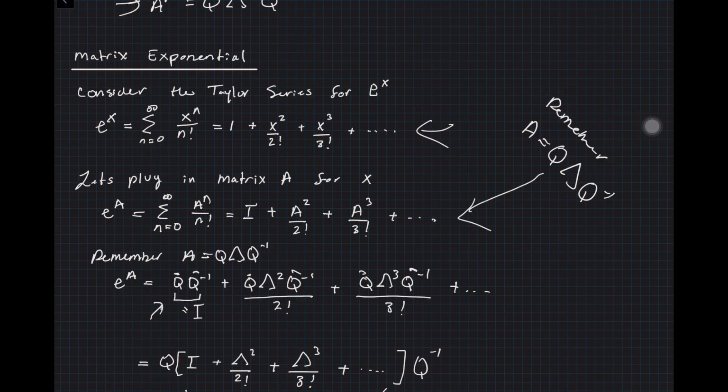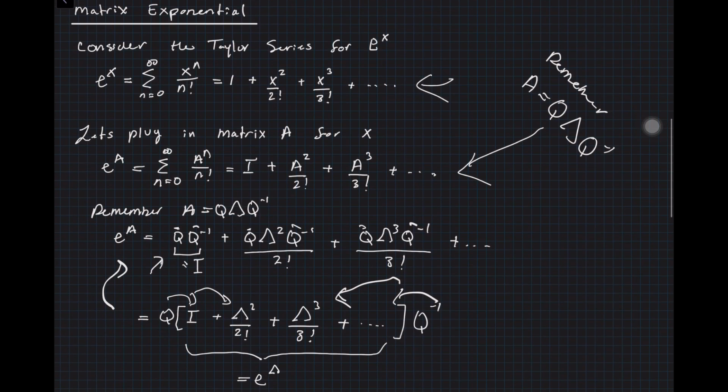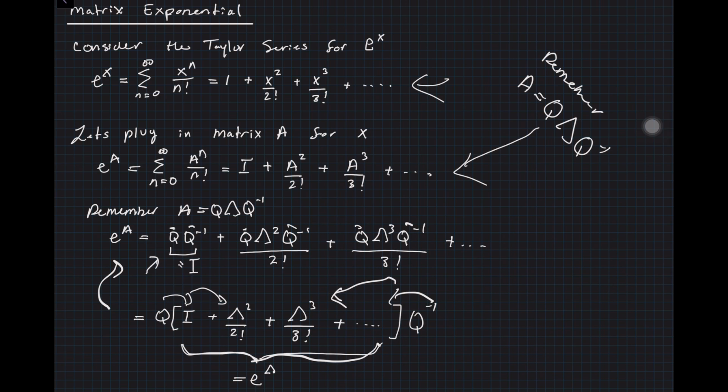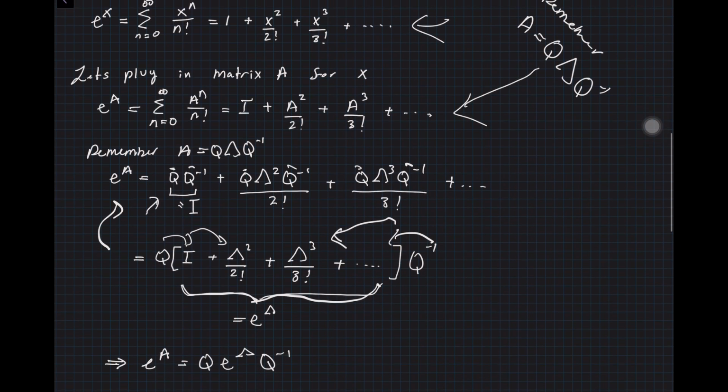Just imagine if we were to factor these back in to the left and right, you get this expression right here. But now we have this expression inside the Taylor series, and we can rewrite that as e to the lambda. And so now we have an expression for e to the A. So e to the A can be expressed as Q times e to the lambda times Q inverse.